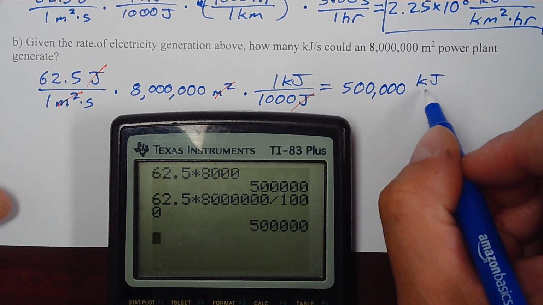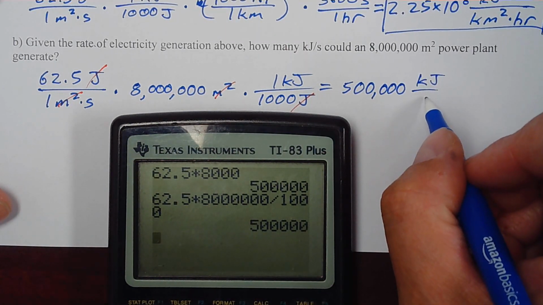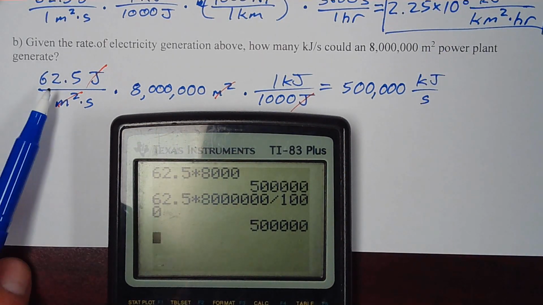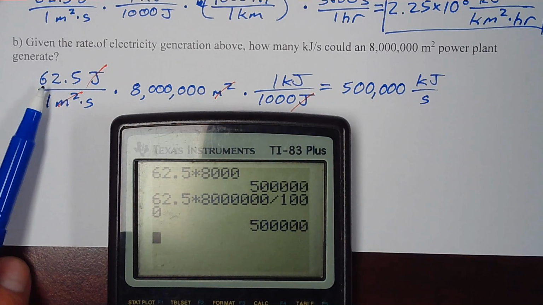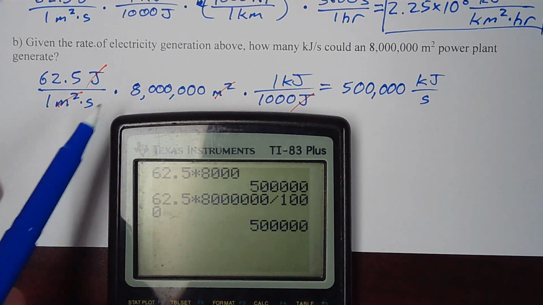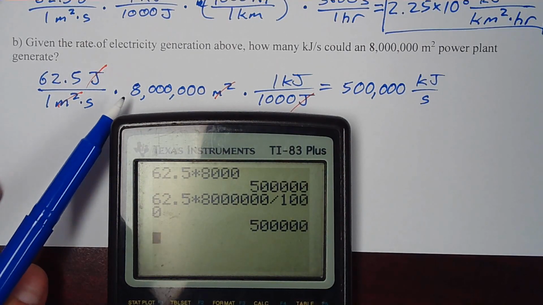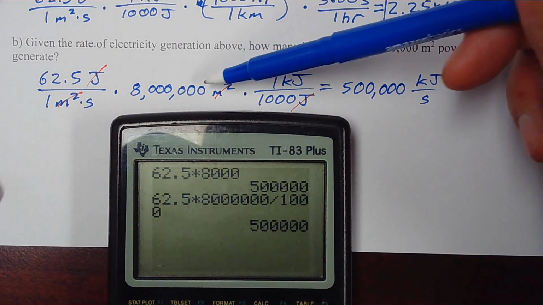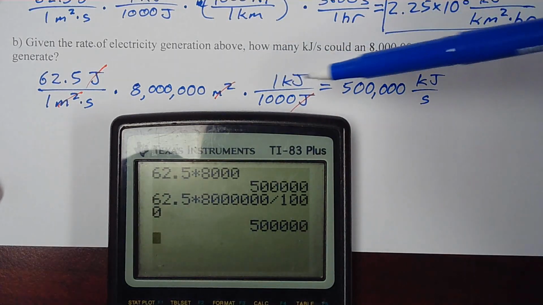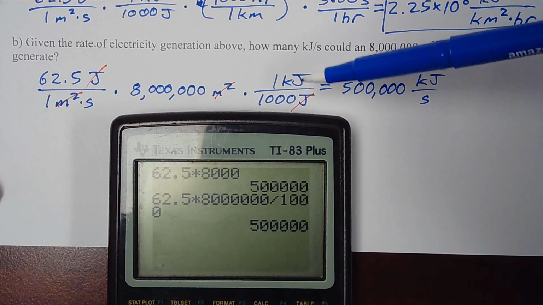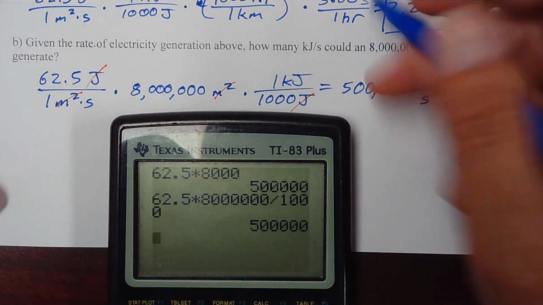kilojoules per second. And if you're a stickler for sig figs, you started with 3 sig figs here, the 6, 2, and the 5. It's not really clear how many sig figs you've got. So this is admittedly an ambiguous number when it comes to sig figs. And then the kilojoules to joules conversion rate is exact, so there's infinite sig figs there.